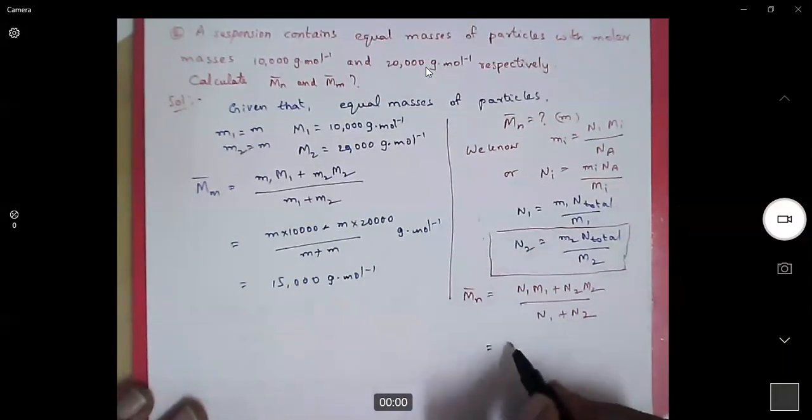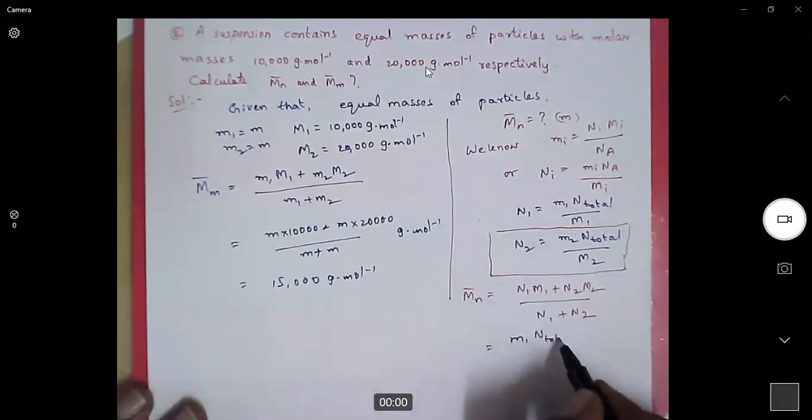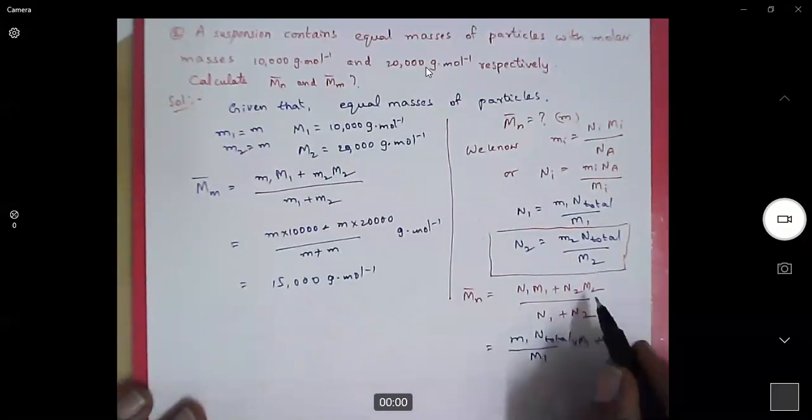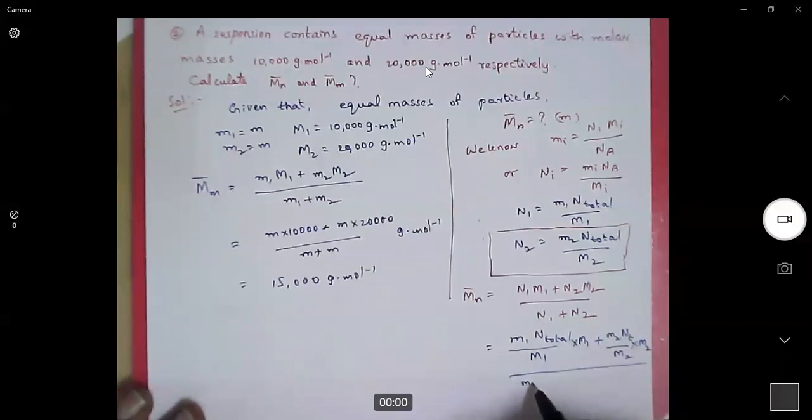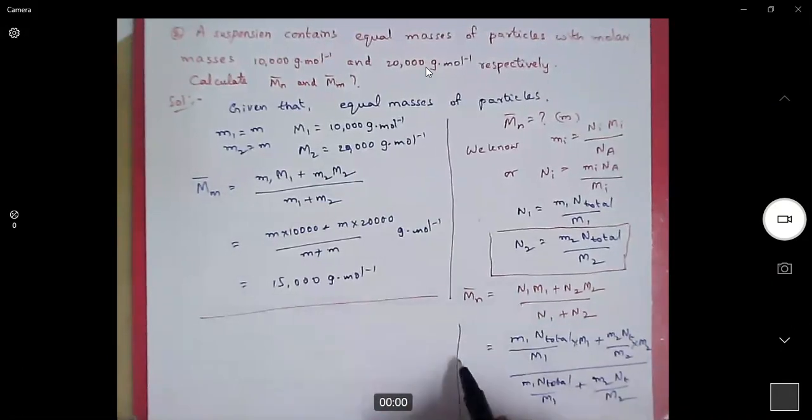N1 is M1 N total by capital M1, into capital M1, plus N2, which is M2 N total by capital M2, into capital M2, divided by M1 N total by capital M1 plus M2 N total by capital M2.